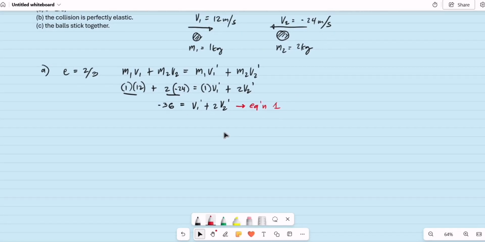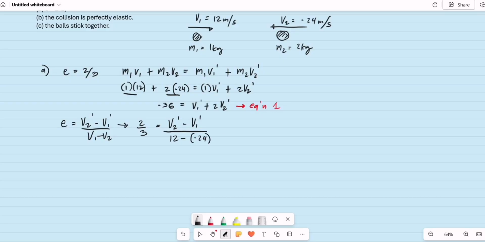Let us use the other given, the coefficient of restitution. The coefficient of restitution is equal to v2 prime minus v1 prime divided by v1 minus v2. We substitute e equals 2 divided by 3 equals v2 prime, which we don't know after impact, minus v1 prime, divided by v1 which is 12 minus v2 which is negative 24.